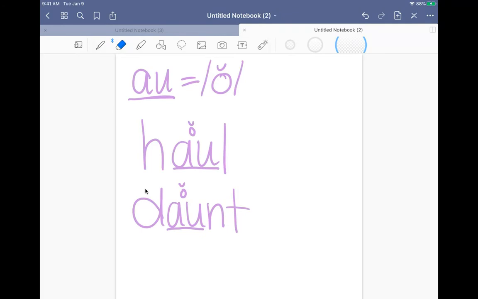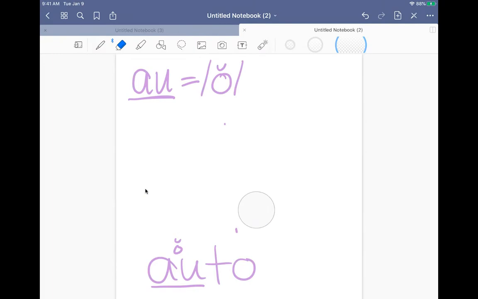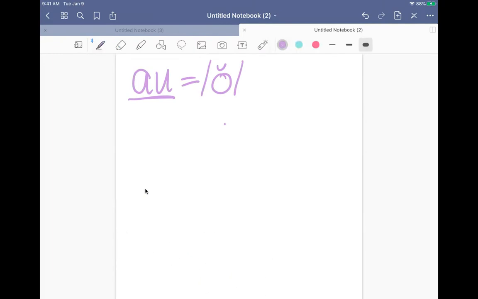Okay? Another word on your spelling list, and this is a word we should all have heard at least, is auto. Okay? Auto. So that AU is coming together to make that short O sound. A-U-T-O. Auto. Okay? So we know that AU makes that short O sound.